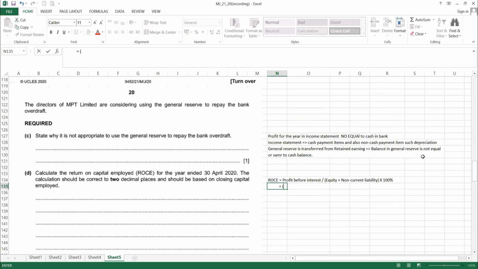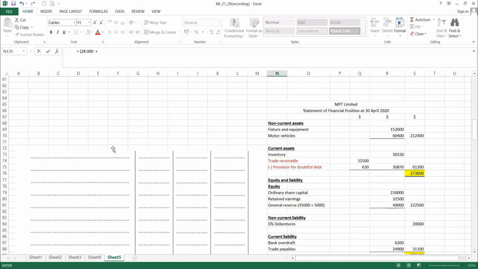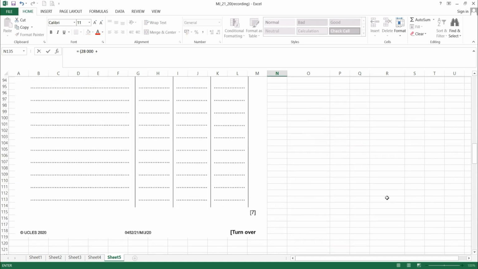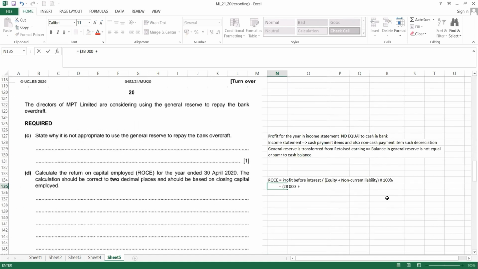How are we going to calculate? We take 28,000 plus the debenture interest. The debenture interest is here: 5% debenture, 20,000. So we have to add back 20,000 times 5%.